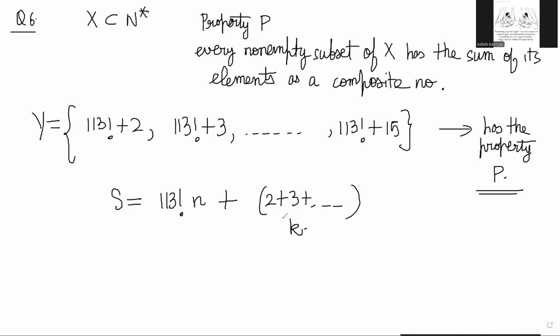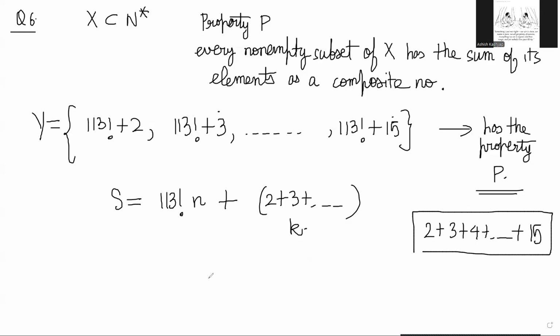And then you're saying that the maximum value of this is going to be basically 3 plus up to 15. The subset could be the whole set itself. That's fine. 119 you got. So k is up to 119.